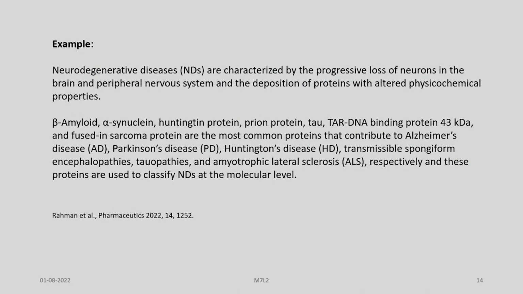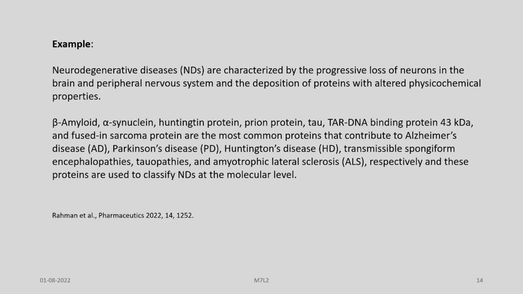For example, the neurodegenerative disease area, or NDs, are some of the potential areas in which CRISPR-Cas9 can play a very critical role. These neurodegenerative diseases are characterized by the progressive loss of neurons in the brain as well as in the peripheral nervous system, and the deposition of proteins with altered physicochemical properties.